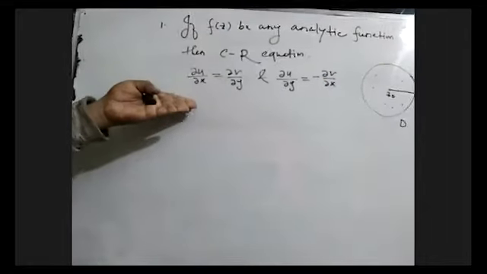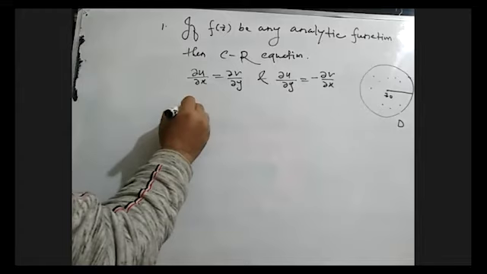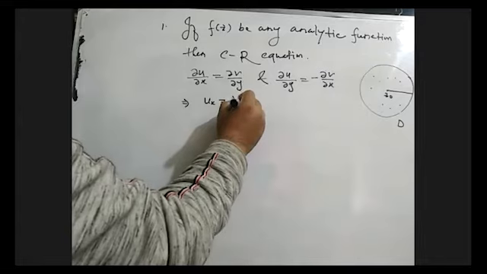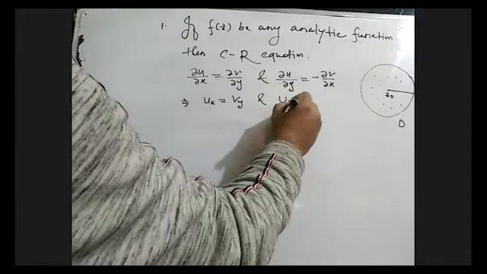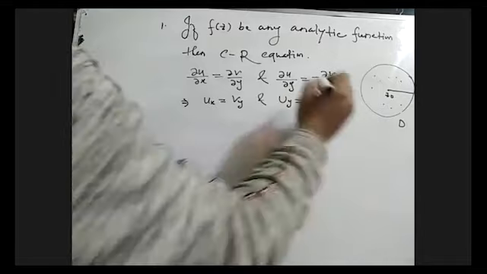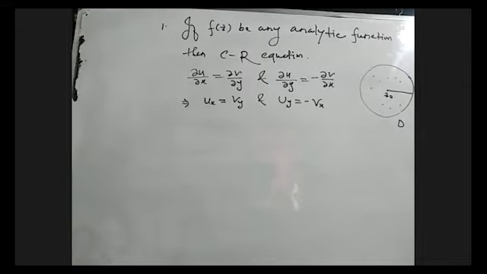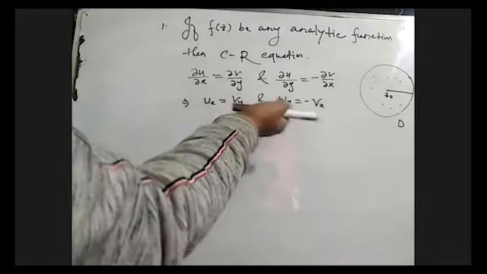This is called the Cauchy-Riemann equations, or we can write this as ux equals vy and uy equals minus vx. In short form, we can write the Cauchy-Riemann equations in this way. So f of z will be continuous everywhere, then f of z will be analytic, and the Cauchy-Riemann equations hold.